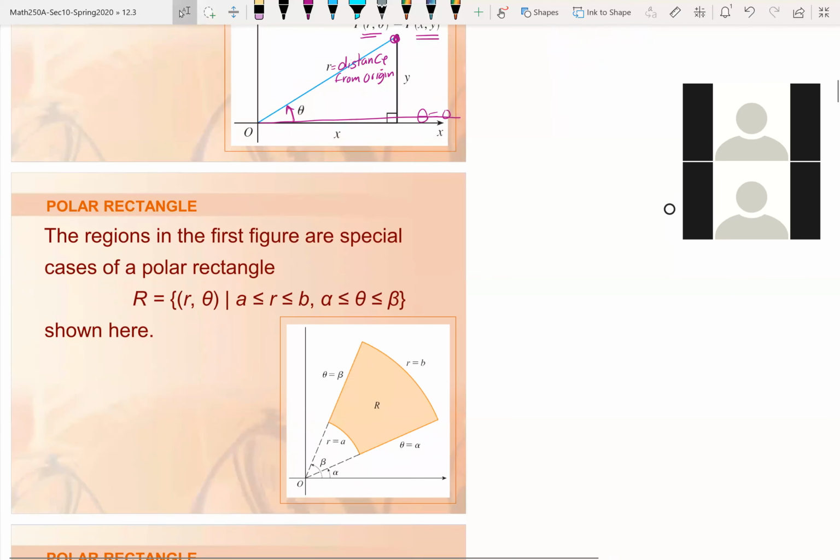To define any type of integration, we have done 2 types as of now. This is the 3rd type of integration that we do. It's always the same process: as I said, you have to chop your region into pieces, and then out of those pieces, you have to take one lucky point, and then you define what we call a Riemann sum. That gives you a new type of integration.